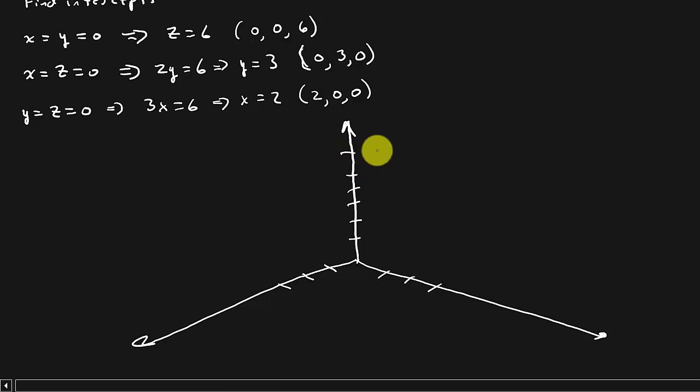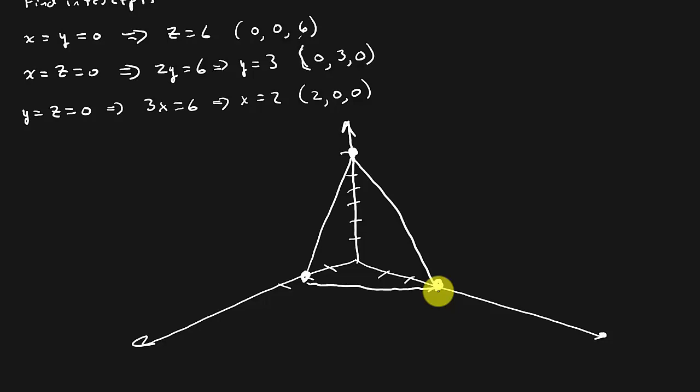So I've got the point 0, 0, 6, and then 0, 3, 0, and then 2, 0, 0. And so here is the portion of the plane. That's a portion of the plane in the first octant.